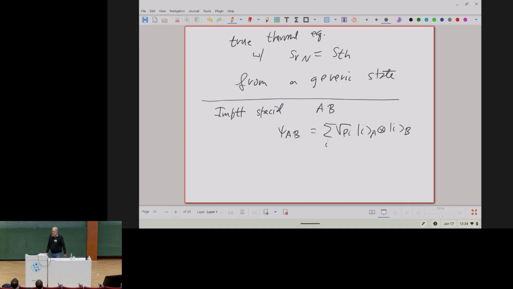The generic canonical form of a pure state of a bipartite system is not a tensor product, but a sum of tensor products, where we can consider the states |i_A> to be orthonormal, and likewise |i_B>. They're orthonormal states of the systems A and B. They may not be complete bases because there may not be enough of them, but we can assume they're orthonormal. Any bipartite state has a representation like this.